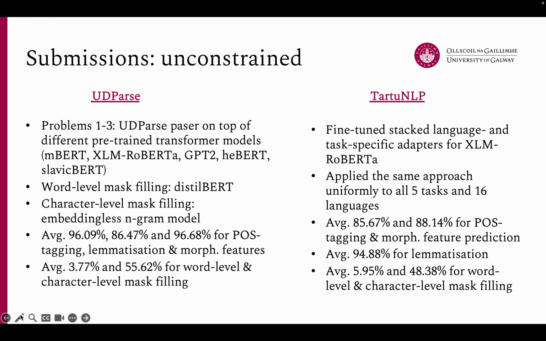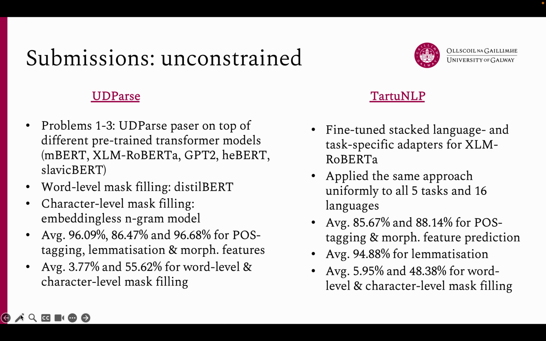For the unconstrained subtask, participants could use any additional data in any language, including pre-trained embeddings and large language models. The winner of the unconstrained track is the SIGTYP team that used their own parser for problems 1 to 3.